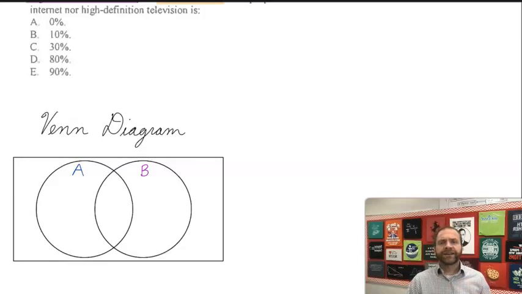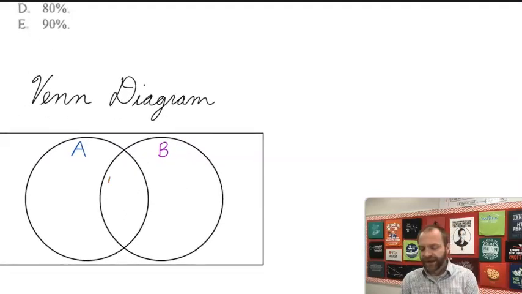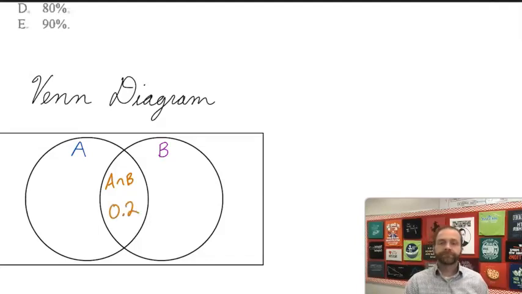When you have a Venn diagram, you want to start in the middle, where they overlap, because that represents the probability of A and B. So that's where you should start. We're told 20% of households have both, so I'm going to put down 0.2 here.